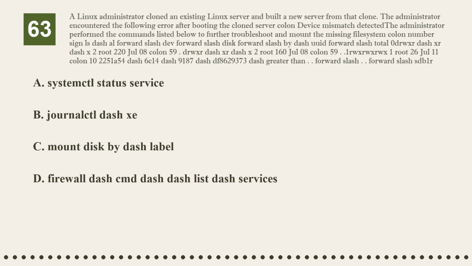Question 63. A Linux administrator cloned an existing Linux server and built a new server from that clone. The administrator encountered the following error after booting the cloned server: device mismatch detected.